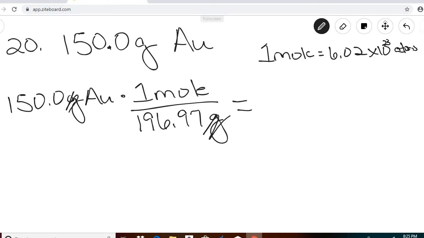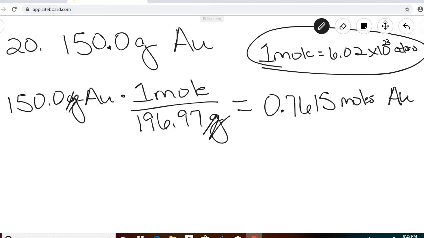And 150 divided by 196.97 with 4 significant figures is 0.7615 moles of gold. Okay, then now we can apply this to get the number of atoms.